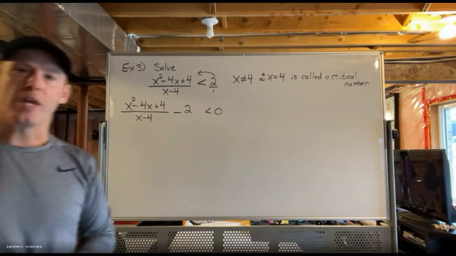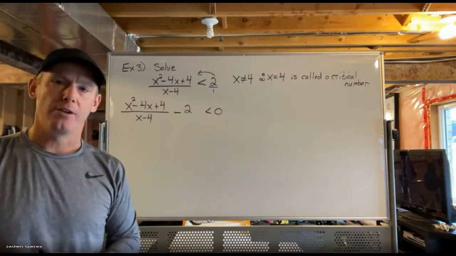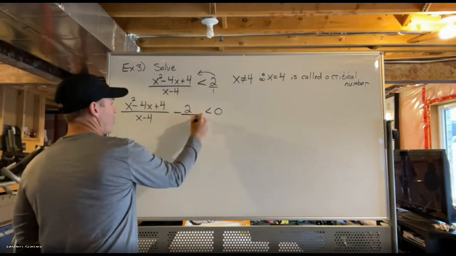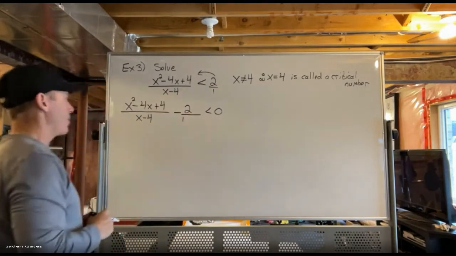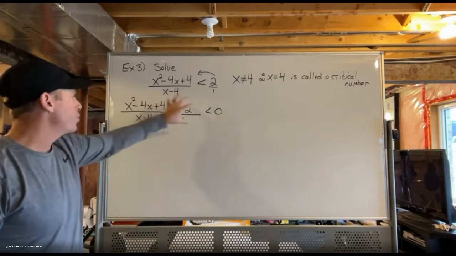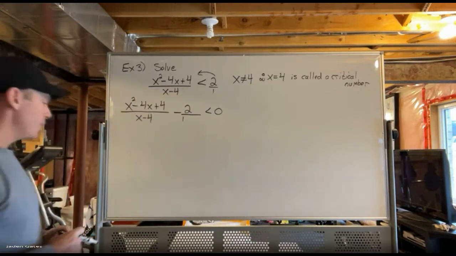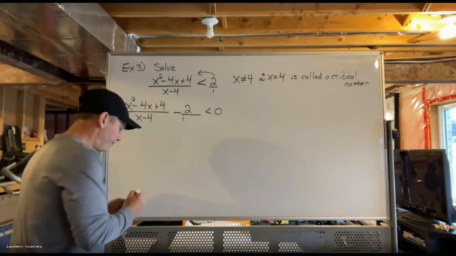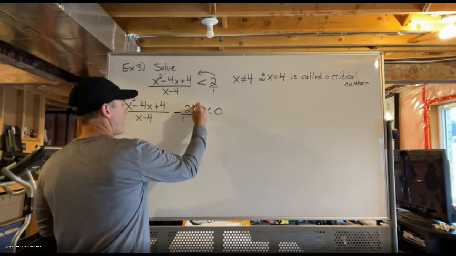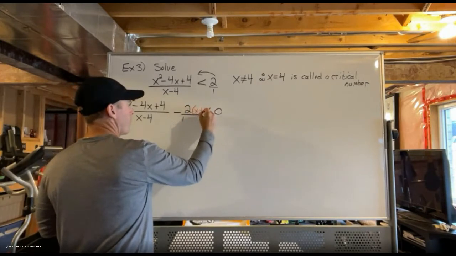And the only way to do that is if they have a common denominator. Now, this 2, as I've written up here, does have a denominator of 1. But I want them to have a common denominator so I can put these two terms together. And so what I can do is multiply this 2 on the top and the bottom by x minus 4.